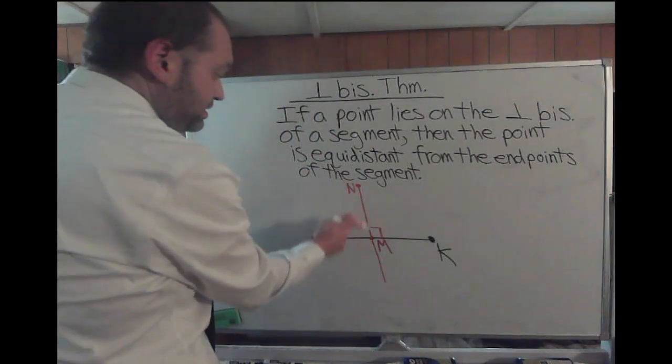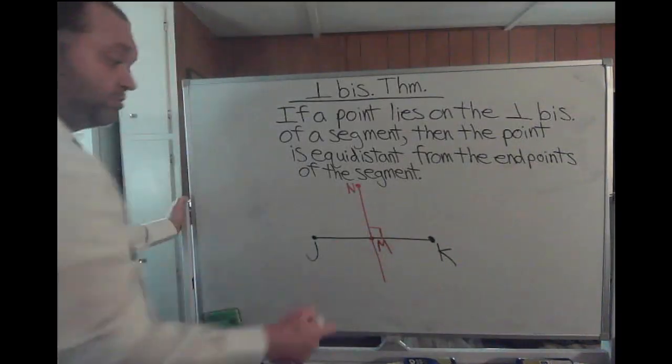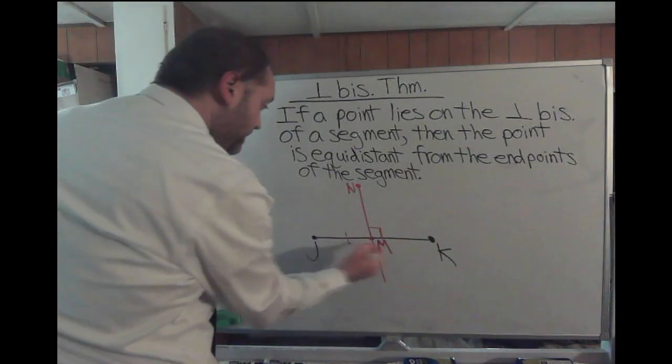Well, line MN is the perpendicular bisector of JK, okay?